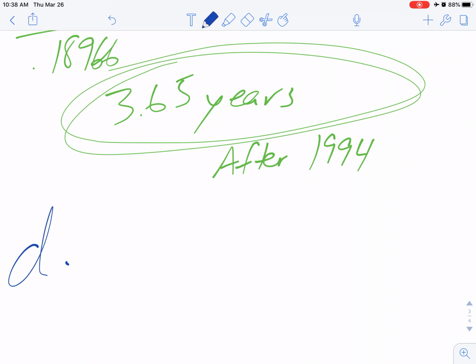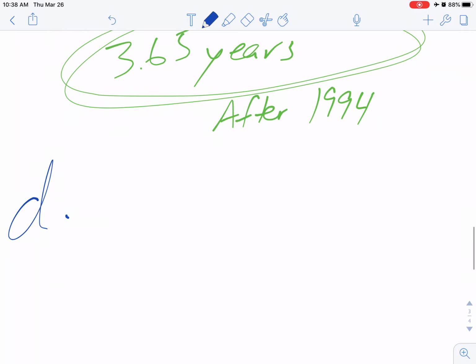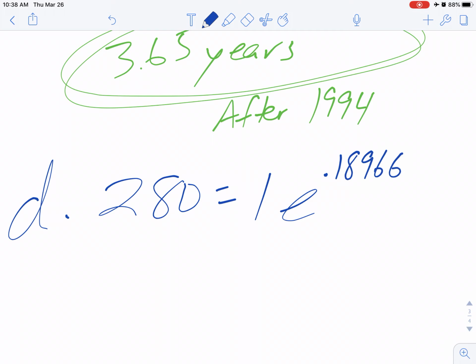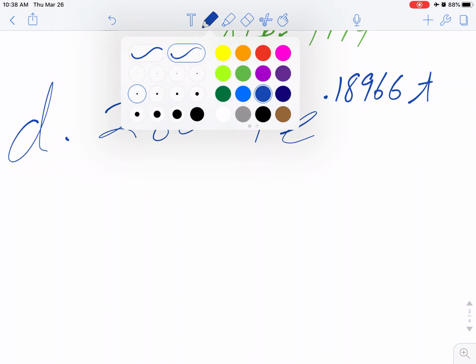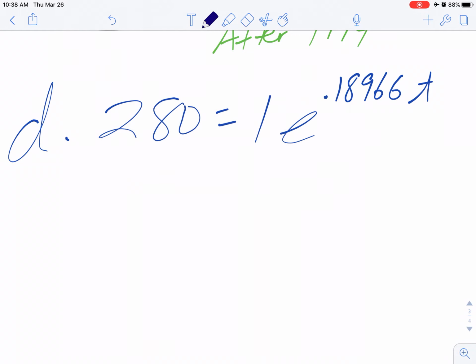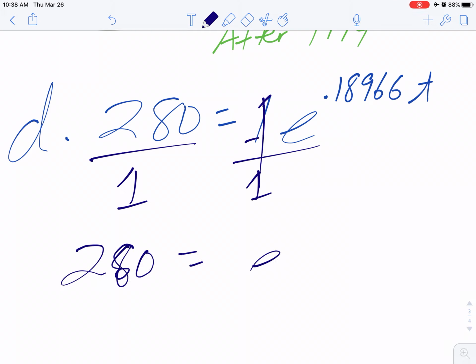Part D, it says after how long will the value of the painting be worth 280 million, assuming there's no change in the growth rate. They're asking us to put a 280 in for the ending value. As you may notice here, this is the same exact type of equation as the last couple calculations. We're going to divide by 1. That gives us 280 equals e to the 0.18966t.